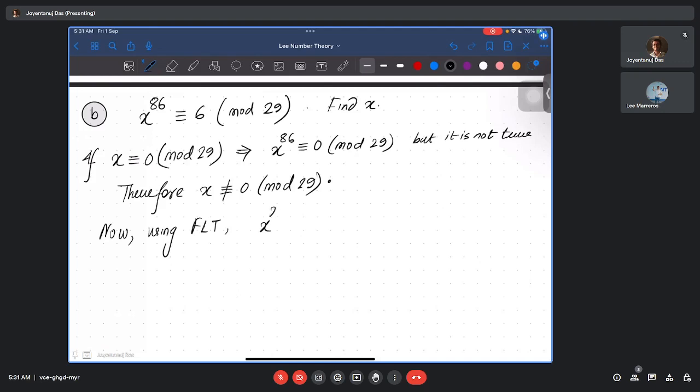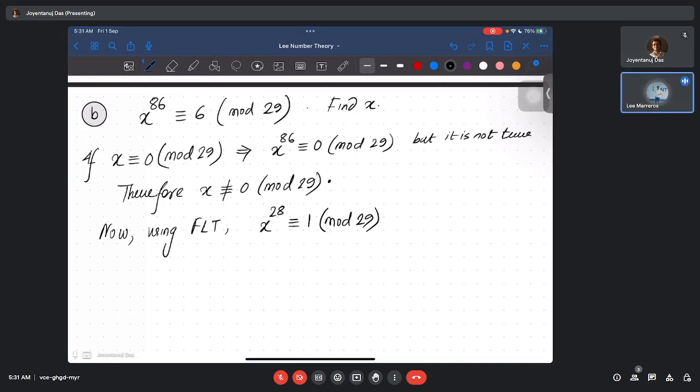So x power 28 is congruent to 1 mod 29. Now how to proceed? You can do the same thing as before. You can split those 86 into 28 plus something. 86 is how many times 28? 3 times 28, and I think the remainder is 2, right?